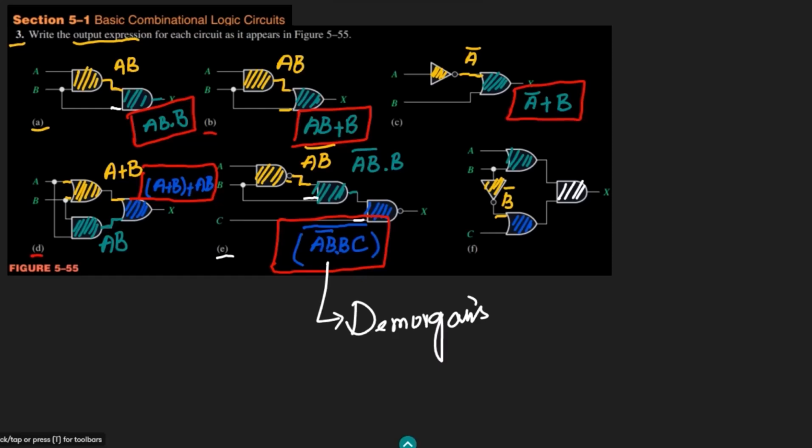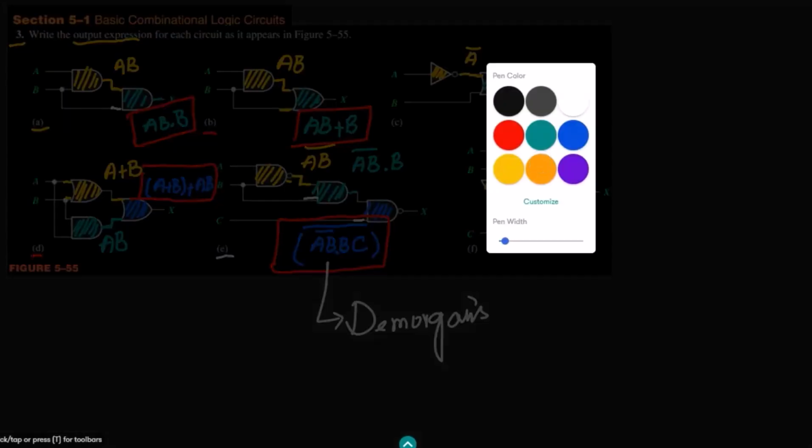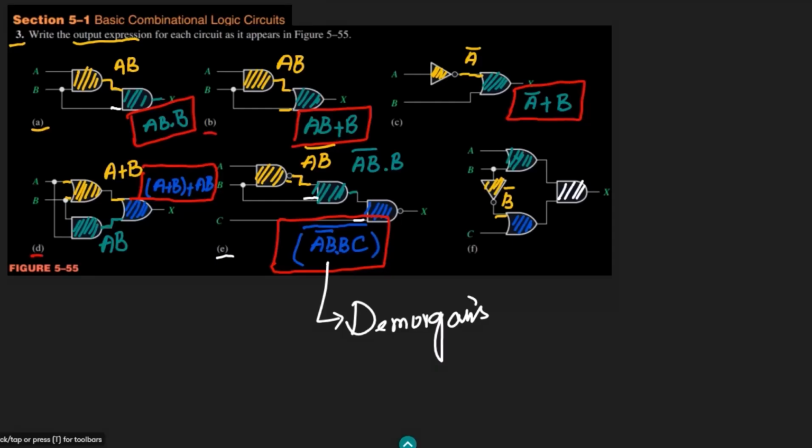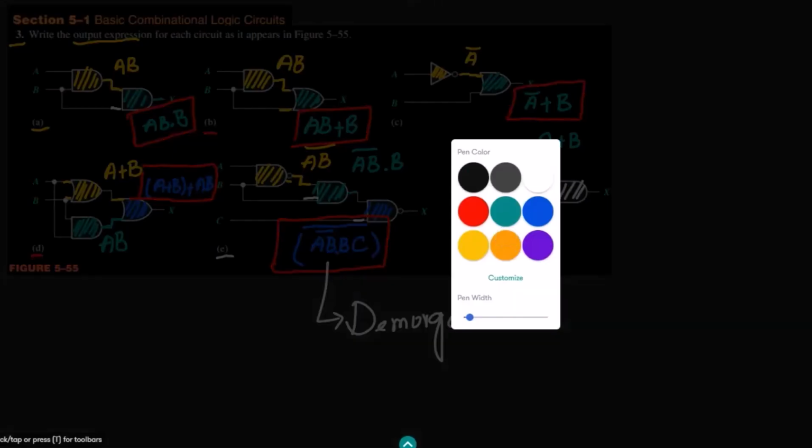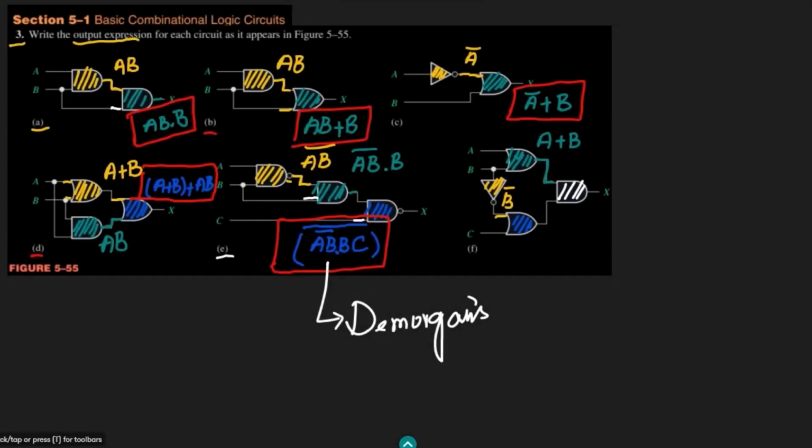To this first OR gate, two inputs A and B are applied, so I will get A plus B which is applied here to this AND gate. Similarly to this gate we have two inputs, and at the output we will get B complement plus C which is applied here to this gate.